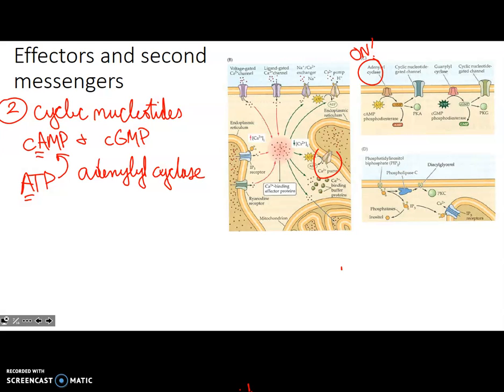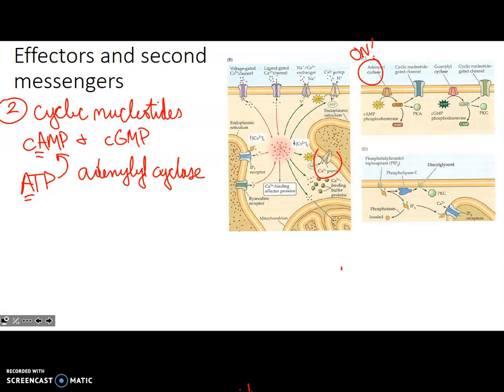Cyclic GMP is similar. Okay? So again, there's an enzyme in the cell's membrane, guanylyl cyclase, that takes GTP and converts it to cyclic GMP. Okay?